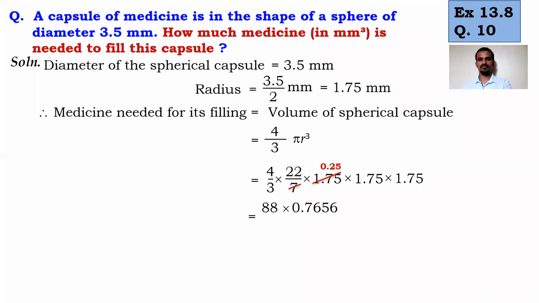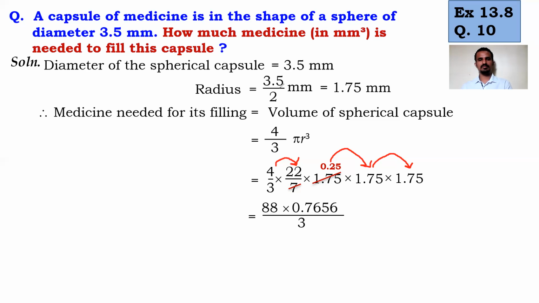We simply have to multiply this. So what we have done here is, see this, we multiplied 4 into 22, it became 88. Yeah, that is simple thing. And then 0.25 multiplied by 1.75 multiplied by 1.75. Actually, it's a lengthy calculation. Okay. 88.